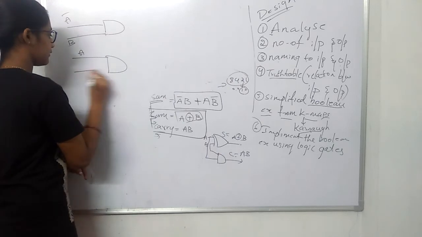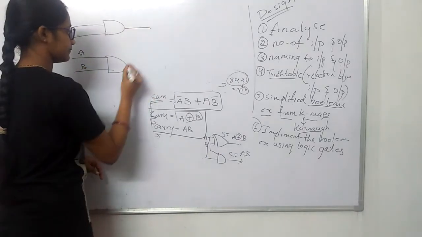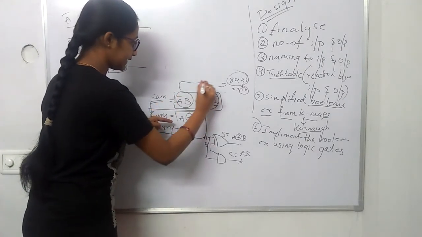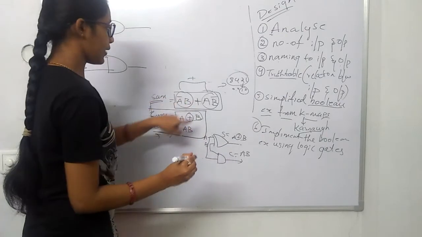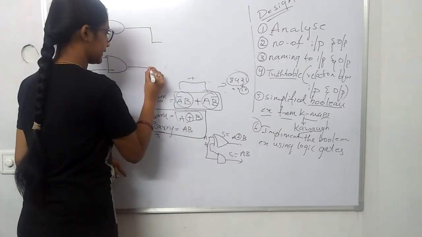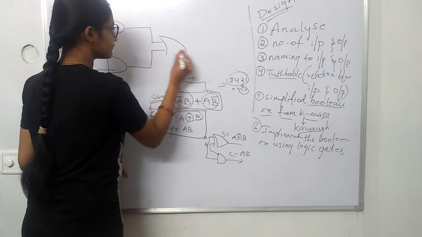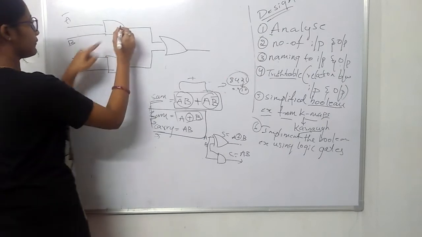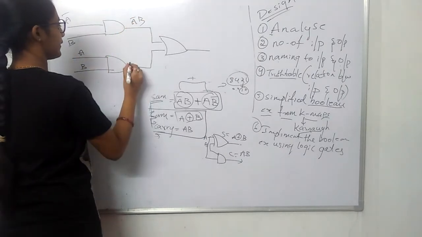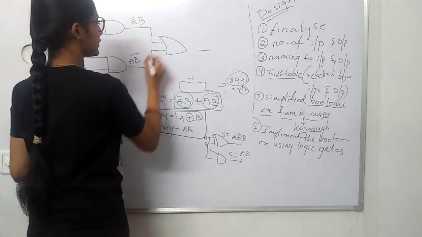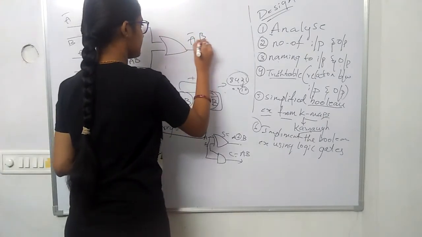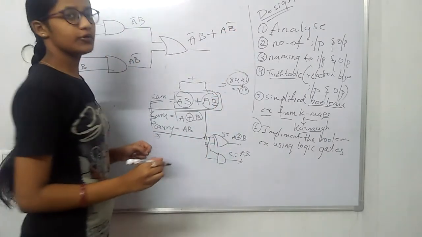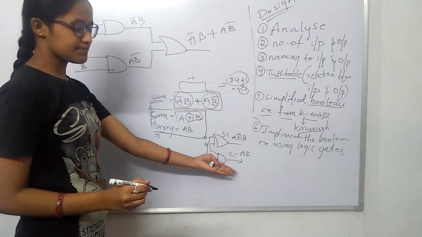These two terms are adding, right? You have to give them to an OR gate. So what is the output of these ANDs? A bar B and A B bar. Then both combined by adding, you will get A bar B plus A B bar. Simply you can draw this simple circuit too.